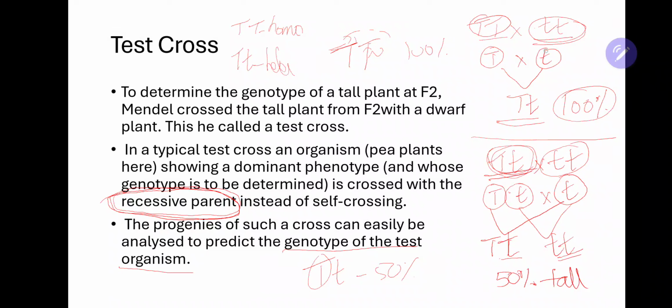If we cross a plant with a recessive parent or a dwarf plant, we will be getting the result. If we are getting 100% tall plants, then the parent will be homozygous dominant, and if we are getting only 50% of the population tall, then it will be heterozygous dominant.